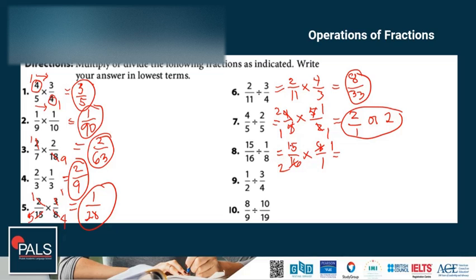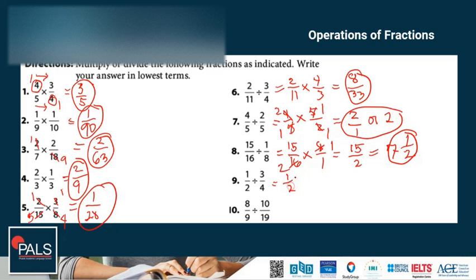So 15 times 1 is 15. 2 times 1 is 2. Then change the improper fraction to a mixed number. We have 7 and 1/2. So this is the answer, 7 and 1/2.